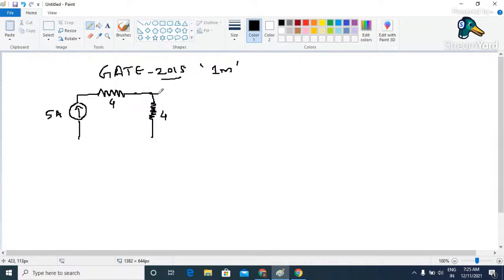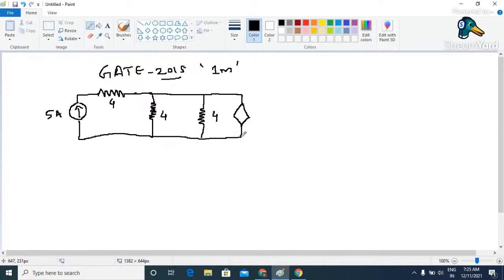Again we have one more resistor of value 4 ohm, and this is a dependent source.